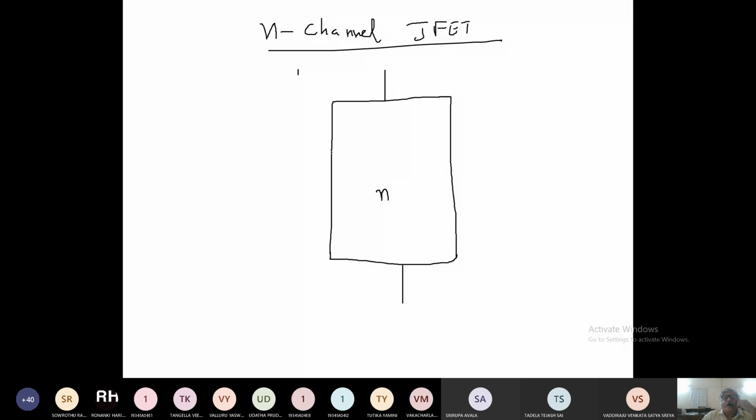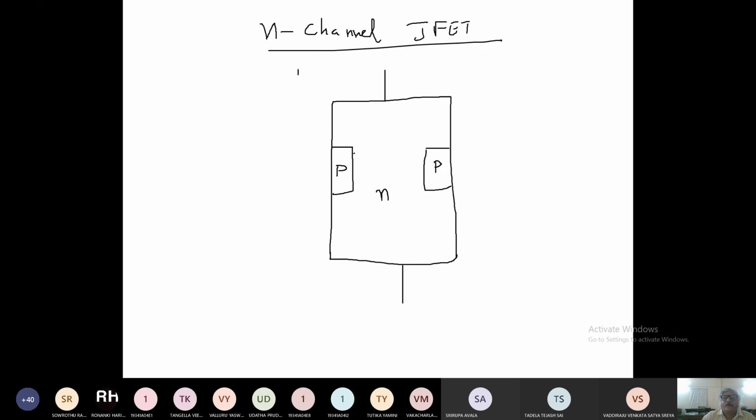Here we will dope P material, and this side also we will dope P material. So between these two P materials there is N type material. So it is a channel, an N type channel in between P type material.